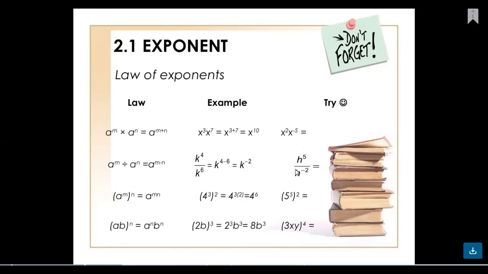So, di ba, pag division, magma-minus tayo. So, ang mangyayari nito is h raised to 5 minus negative 3. Ano kaya yung sagot? Alalahanin natin kung paano mag-plus and minus ng with negative and positive sign.